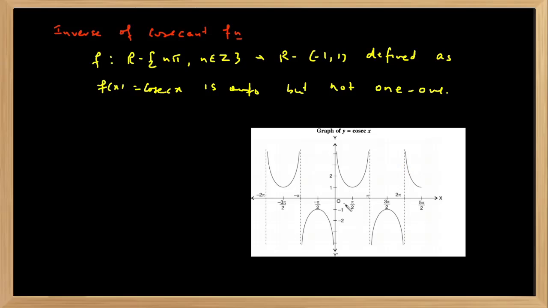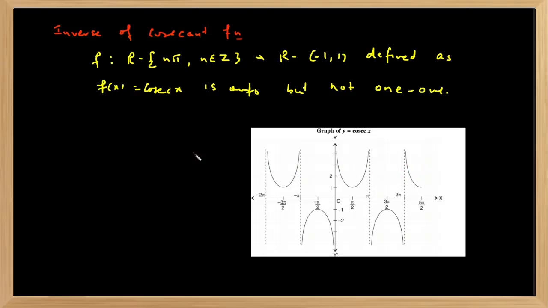So if I draw, its range is from -infinity to -1 including, then 1 to infinity. So if I draw a horizontal line, it will cut the graph at more than 1 point.